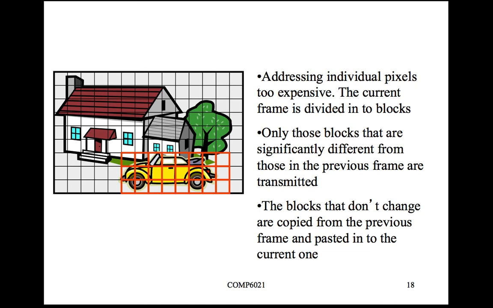So in this case, the transmitter would say, block 1 is the same again, block 2, same again, block 3, same again, and so on. Then here we'd say, okay, this block is blah, blah, blah, whatever.